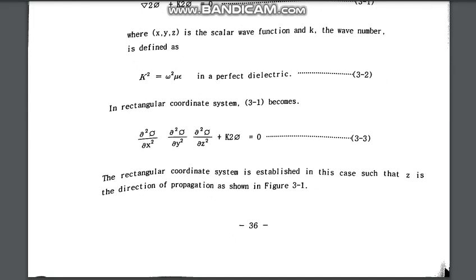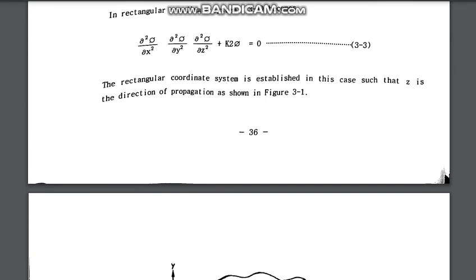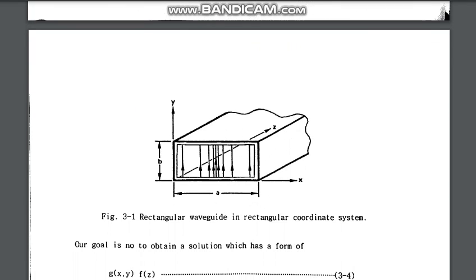The rectangular coordinate system is established in this case such that z is the direction of propagation, as shown in figure 3.1. That is the rectangular waveguide in the rectangular coordinate system. There is an input wave, as you can see, a transverse wave that has been put onto it, and that goes in the z direction.